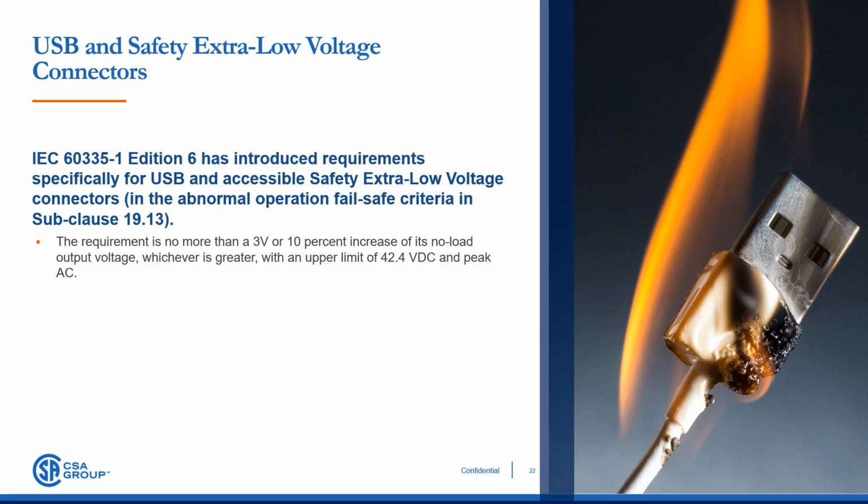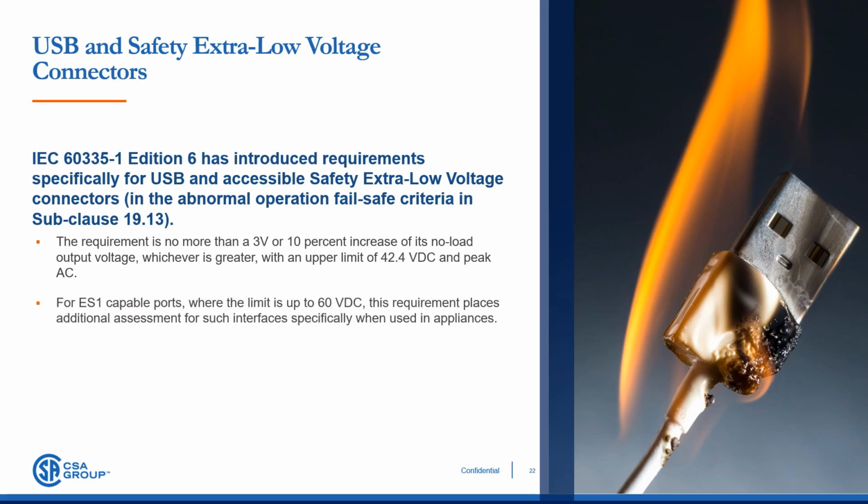As this new requirement is within the fail-safe criteria, as stated in subclause 19.13 of the 6th edition, it must be checked as part of all required abnormal operation testing in clause 19. For ES1 capable ports, where the limit can be up to 60 volts DC, this requirement places additional compliance assessment for such interfaces, specifically when used within appliances.